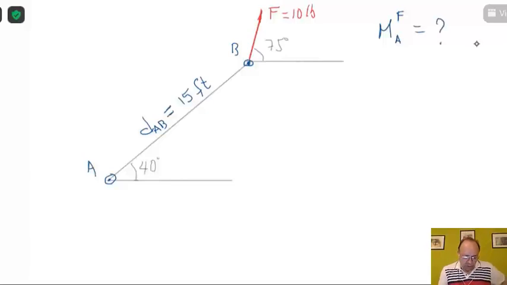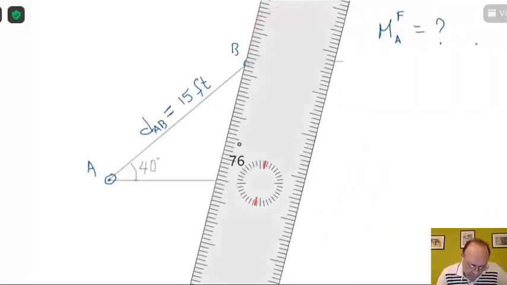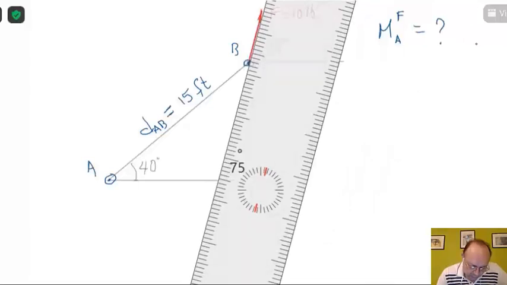Okay, we don't have the distance that is perpendicular to the line of action, so we have to find it. So let's make a construction here. We draw the line of action of the force. The line of action of the force will be this line here. Let's put it here in red.